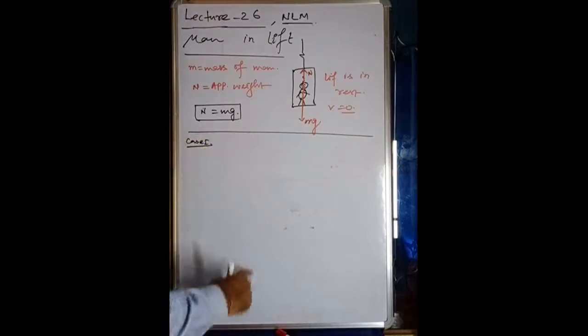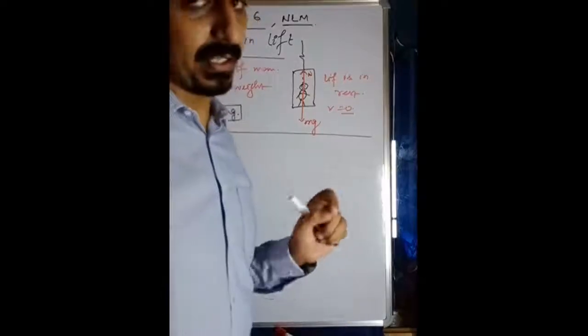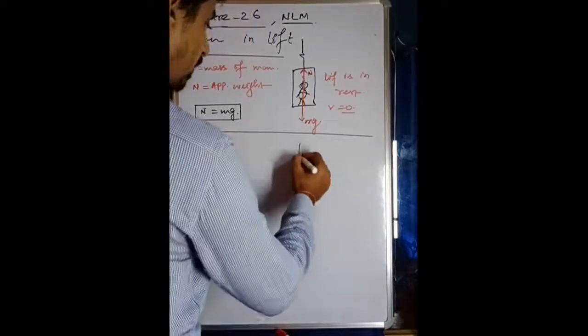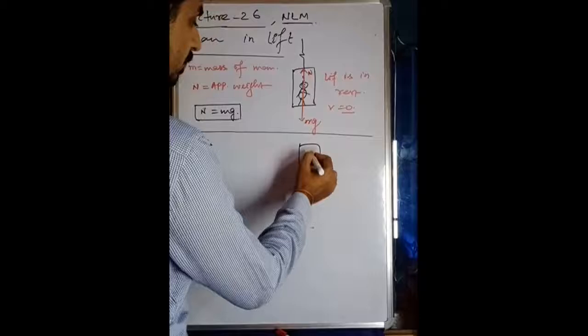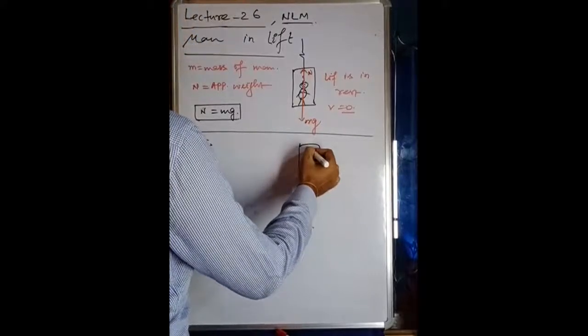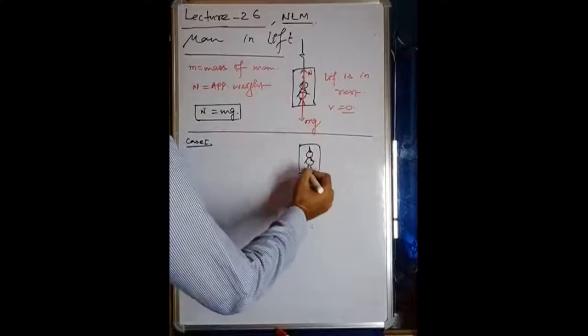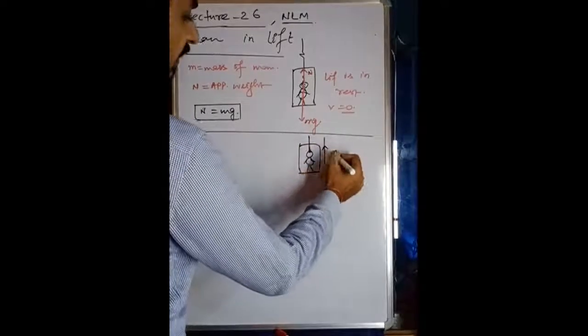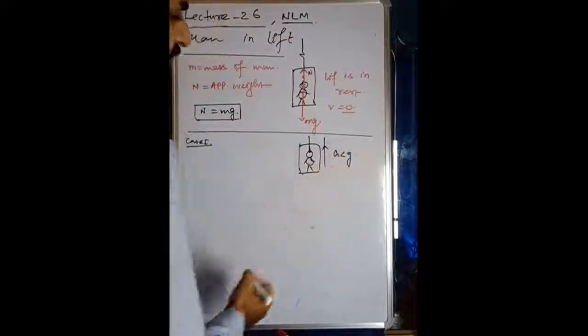Remember, on the basis of this particular topic, you have to solve the questions which are in NCERT, and they are given in my assignment also. Now here, this is the man, and the lift is going up with an acceleration a which is less than g.